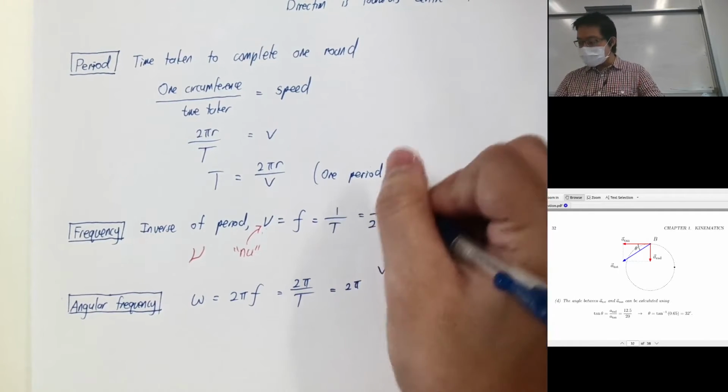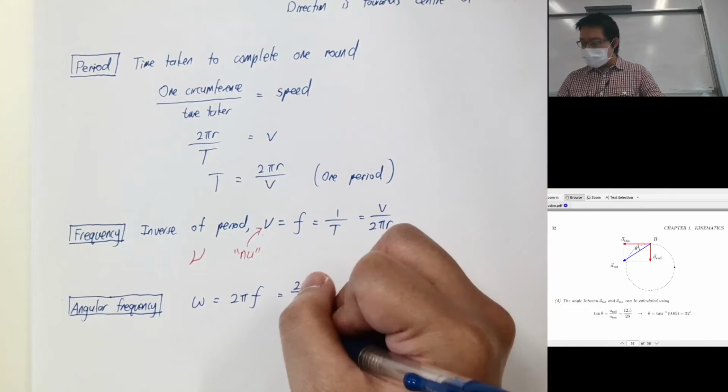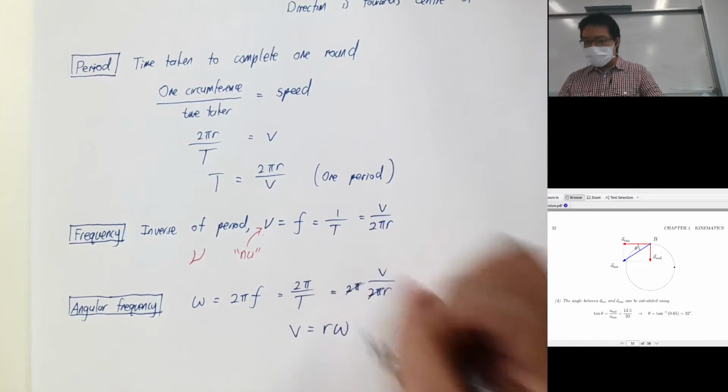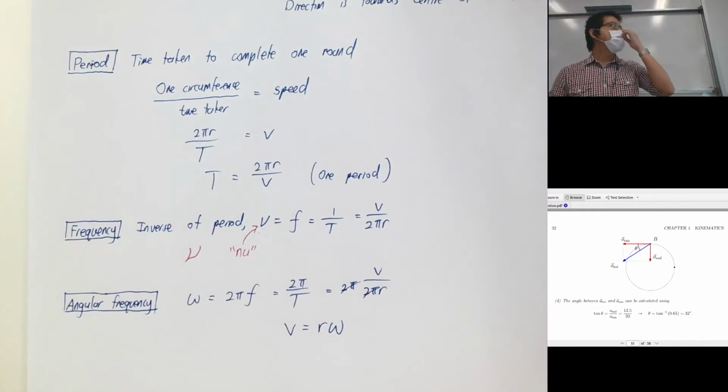So it's 2 pi v over 2 pi r. So we got the relation that v equals r omega. This is a formula that relates angular frequency to the speed of your circular motion. We will use this a lot in the rotation chapter later. It's a good time to get to know it at an early stage, so that you'll be familiar by the time we need to use it.